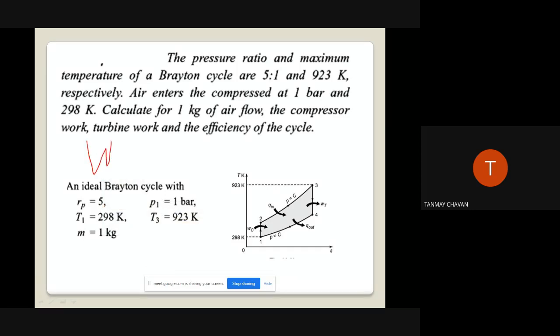Now write down WC, that is compressor work, is equal to m, that is 1 kg, into Cp of air, 1.005 or 1, into T2 minus T1, that is minus 298. T2 is 472, so 472 minus 298 into 1.